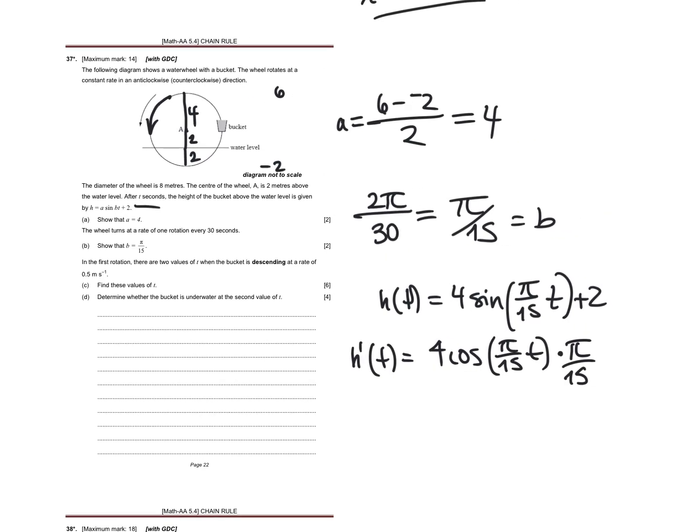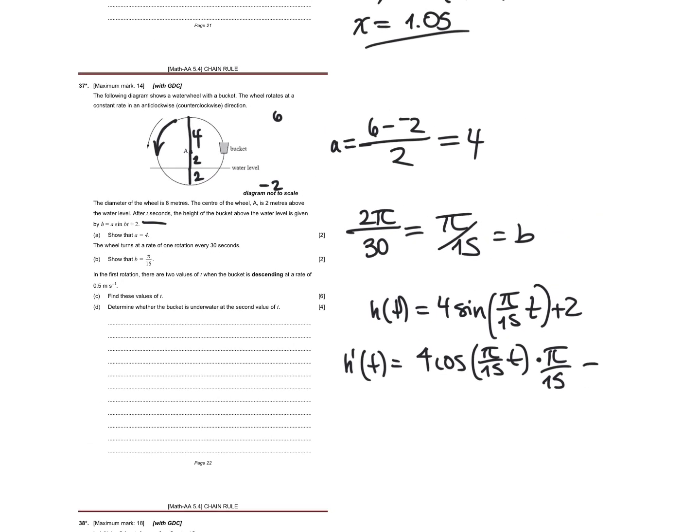And we want to set this equal to 0.5. And just a second, because all right, so wait, it says 1 rotation every 30 seconds.